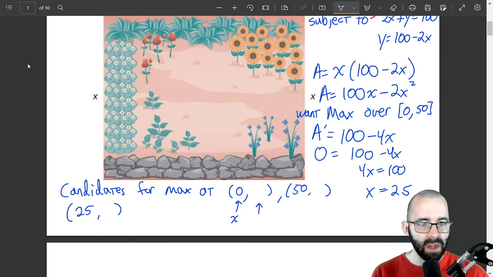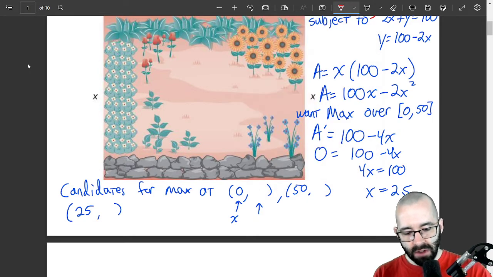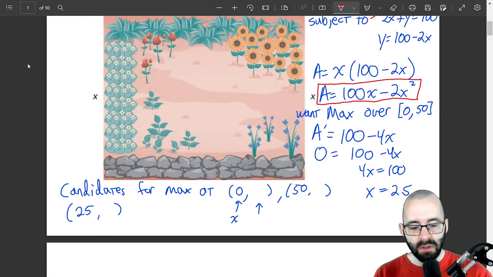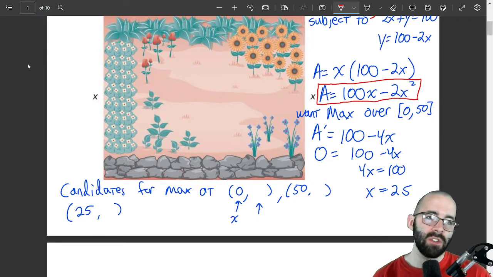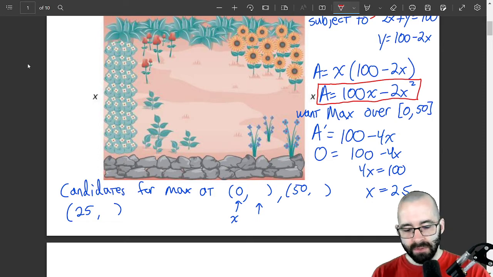And it's not a y value that we're curious about. What are we trying to maximize? We're maximizing our function. What's our function? Our function is our area function. So when we're trying to find the maximum, we're trying to find the maximum of this function. You could also use the x times y version of this function, but it's usually easier to just plug in one thing.